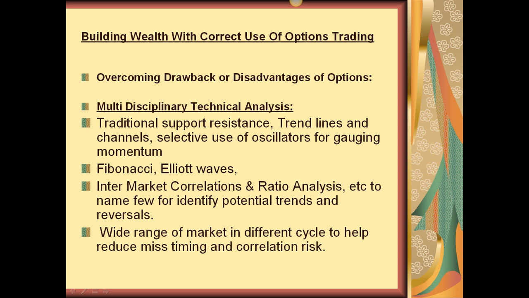And the third way in which you can reduce the negative of trading options is trading a wider market, i.e. trading markets that are not all related together in the same cycle. You might wish to trade markets which are either negatively correlated or not correlated.